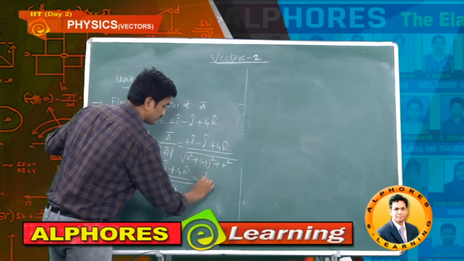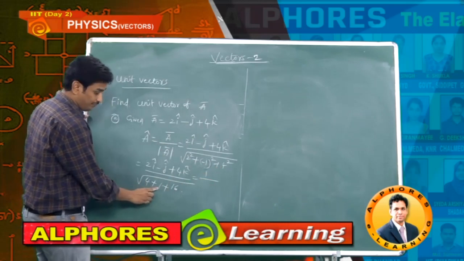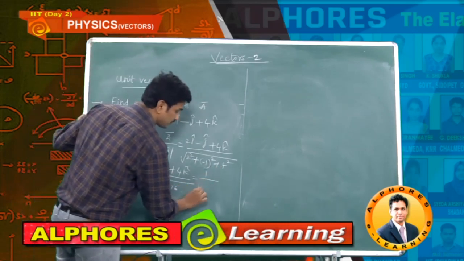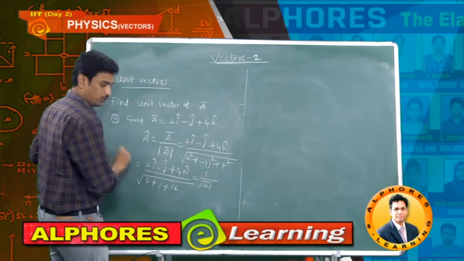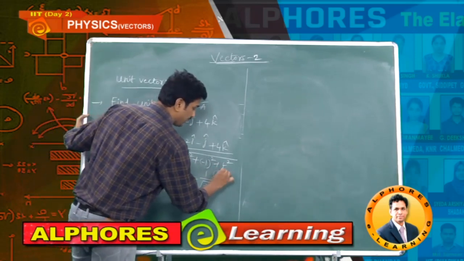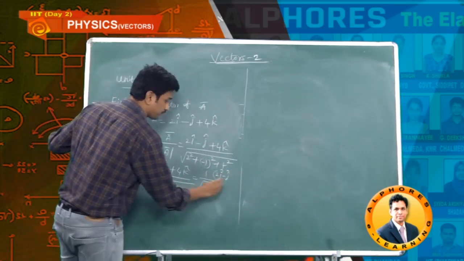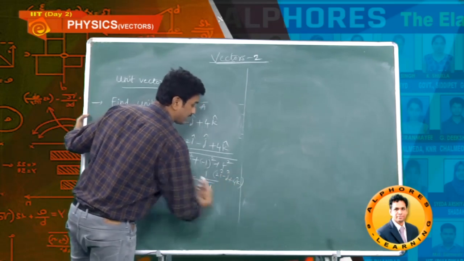Now 1 by 4 plus 1 is 5, 5 plus 16, under root 21. The numerator is as it is, 2 I cap minus j cap plus 4 k cap.